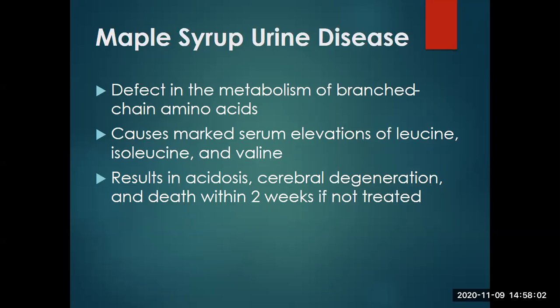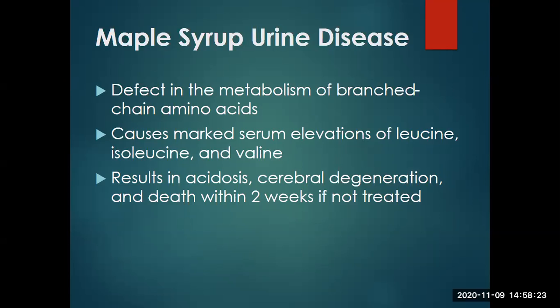And this is manifested, so the infant with maple syrup urine disease does appear healthy at birth, but later on you start to notice feeding difficulties, loss of Moro reflex, hypotonia, and also irregular respirations and convulsions.